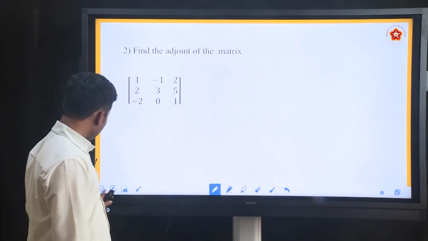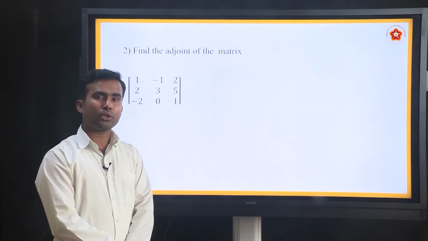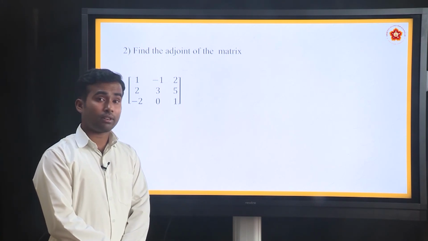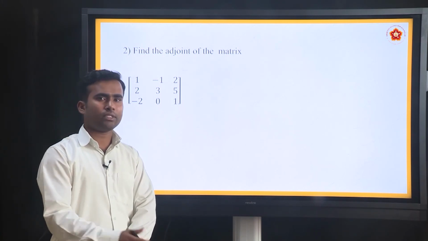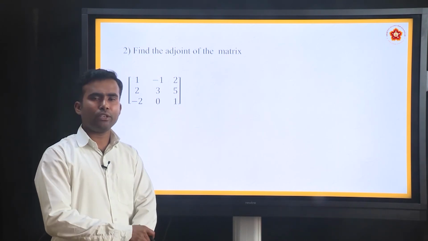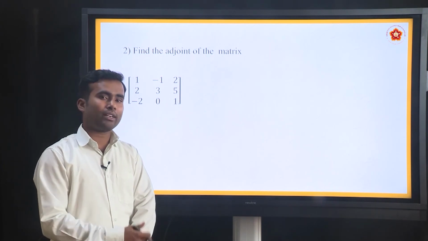Okay. Similarly, you find the adjoint of all the square matrices from your previous exercises. In the previous exercise, we have square matrices, right? Try to find the adjoint of A, and it will give you practice.